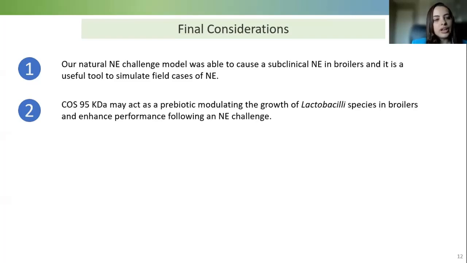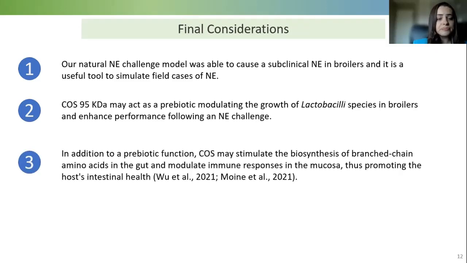The COS95 KDA may act as a prebiotic, modulating the growth of Lactobacillus species in broilers. And as we saw in previous meetings that I presented, the COS95 KDA could also improve the performance. So this modulation in the growth of beneficial bacteria might be related to enhancements in performance as well.